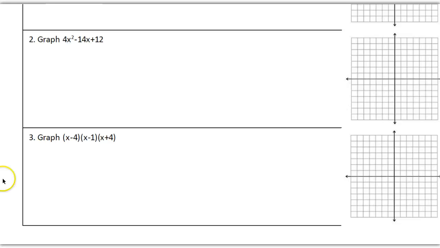Now as we look at example 2, again they ask us to graph this, and we can put this in function notation. This is a y. Now we see our A term of our expression is positive, so we know this parabola is going to face upward.